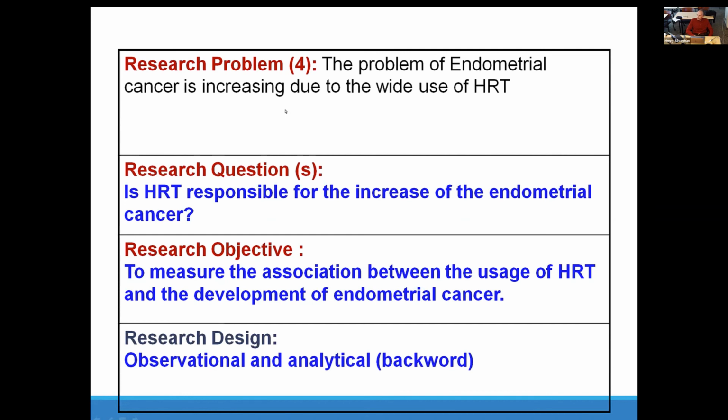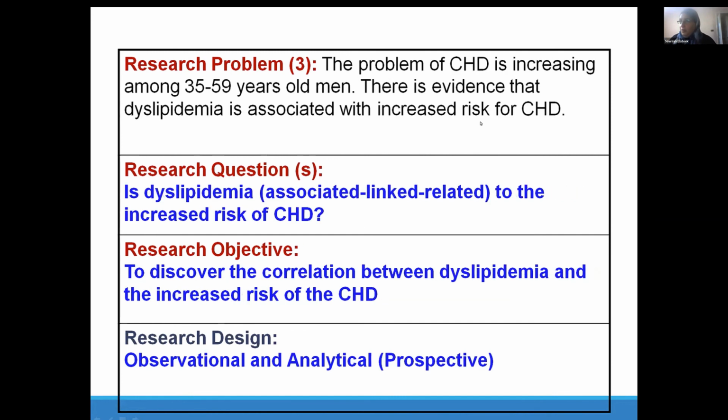I think there should be both association. Okay. What about your comrades? What do they think? I think there is a difference between correlation and association. Like for the case study, we have the research problem, and it has evidence here that dyslipidemia is really associated with the increased risk.